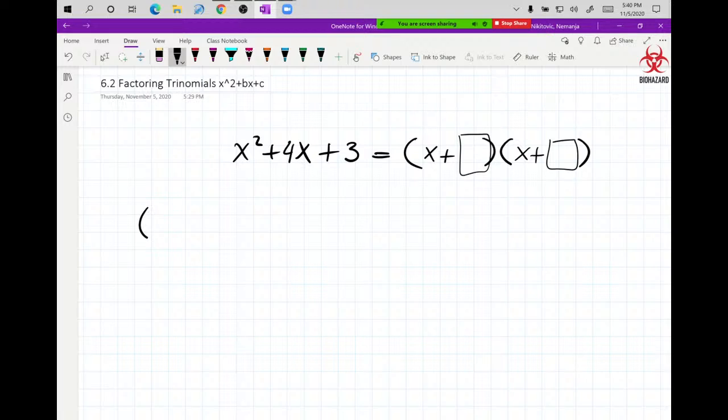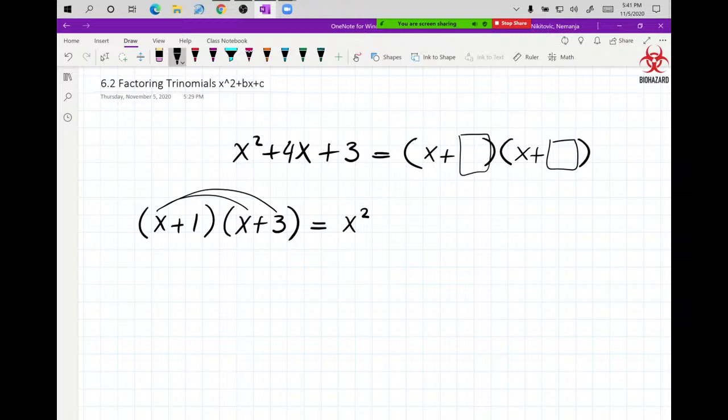Let's say you go back to chapter 5 and you have x plus, let's say 1, times x plus 3. What would it multiply into when you FOIL? How much is x times x? X squared. Thank you.